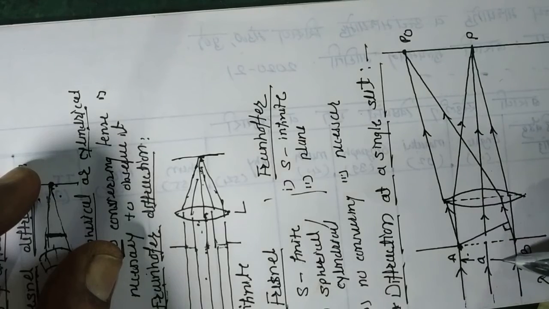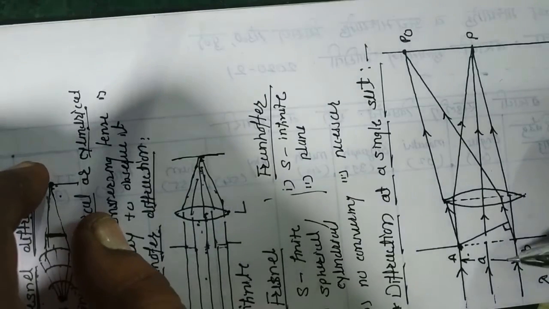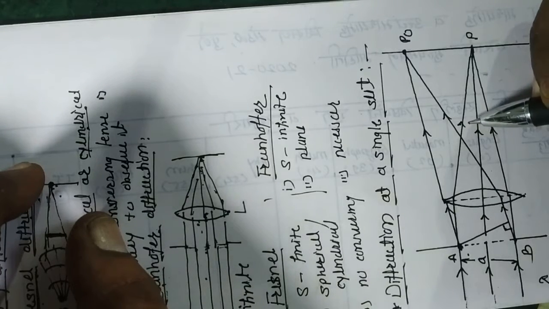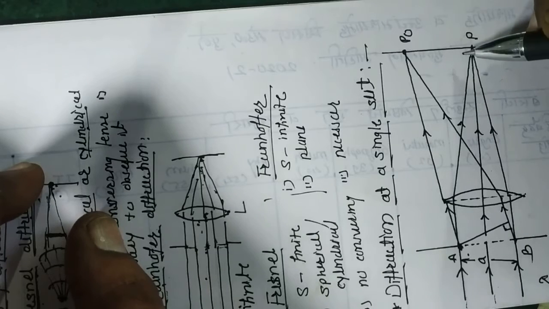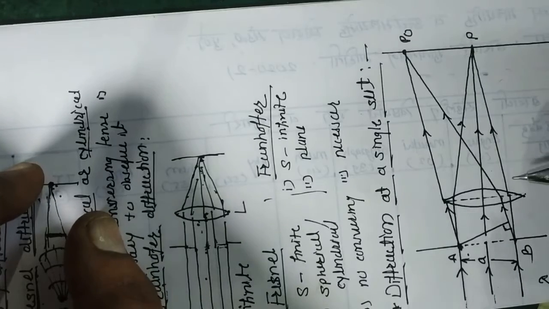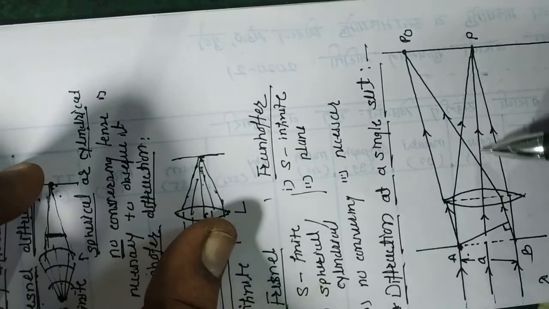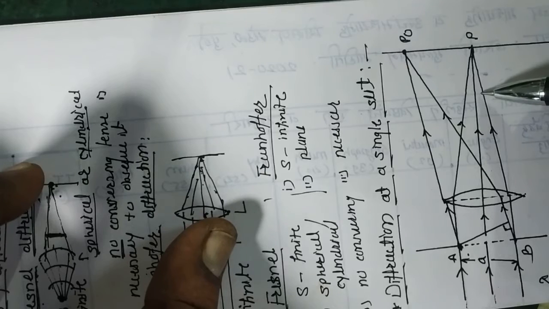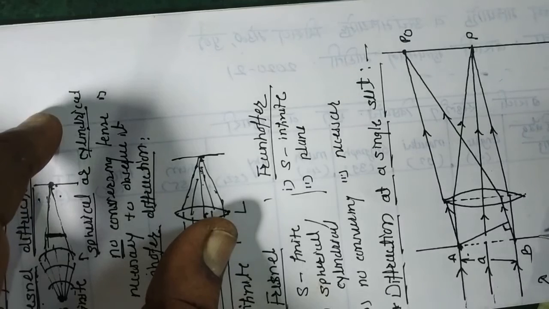Suppose the diffracted light is focused on a screen by a convex lens L, which is kept at the focal plane.